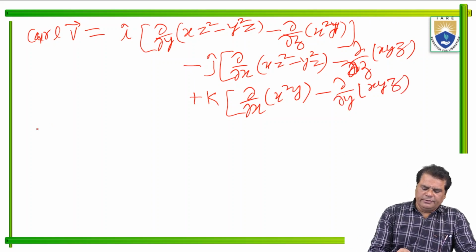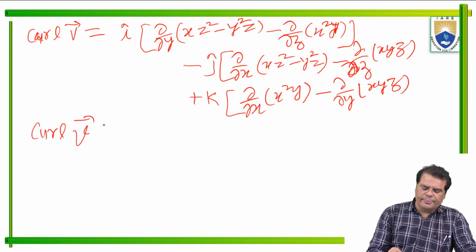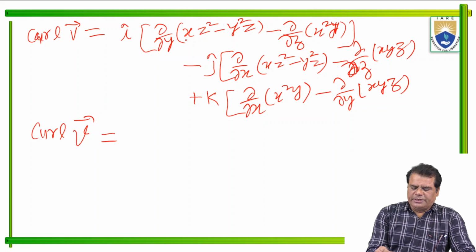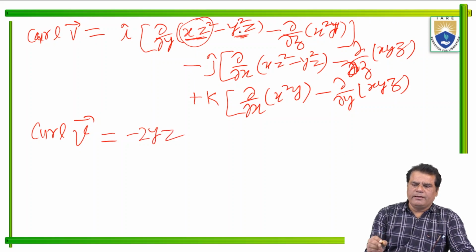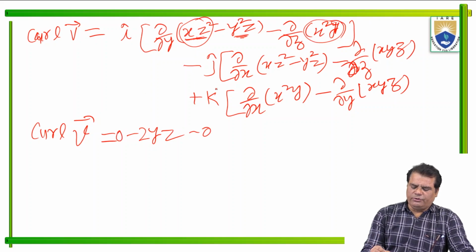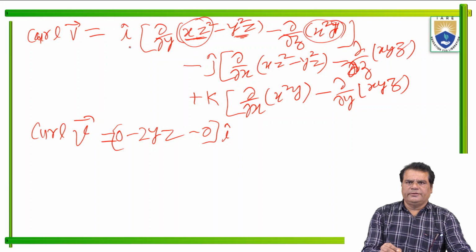Now after solving curl v, differentiating this function with respect to y, here is no y, so differentiation of this result is 0, but here is y square, differentiation of y square is 2y, so here is 2yz minus 2yz. And here in this function there is no z, so differentiation is 0, and the first differentiation is 0, and here i is the unit vector.